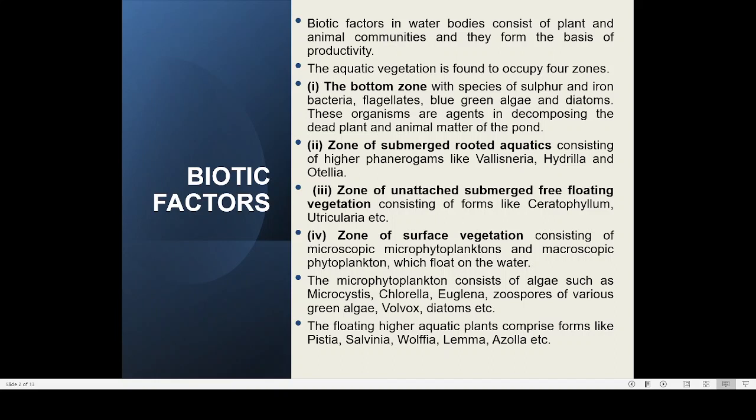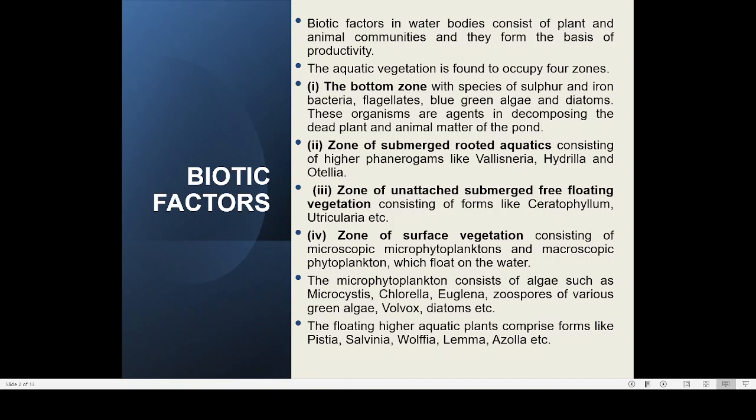Then we have one more type, that is Wolffia. Wolffia is very small. See, this is Wolffia. A very small plankton, so if you take it in your hand it will appear like a very small type of plant.